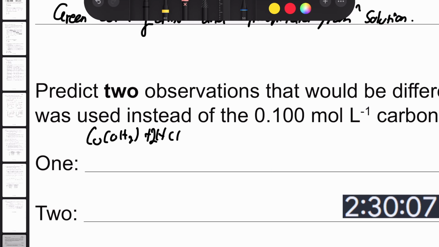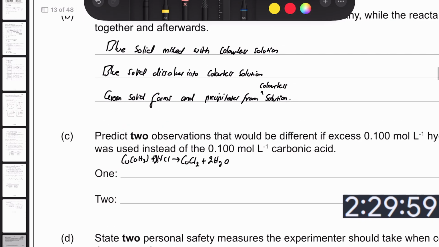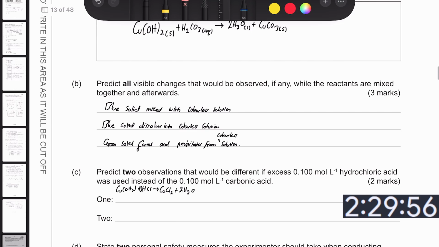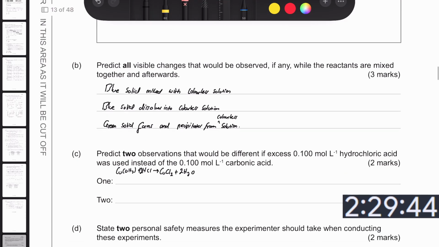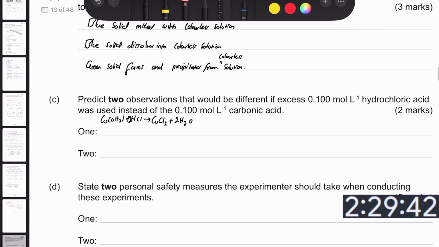It's going to become CuCl2 plus 2H2O. Two observations that would be different.